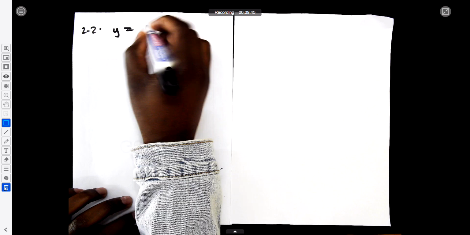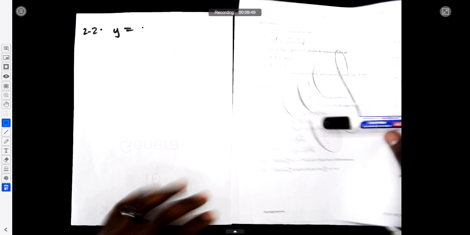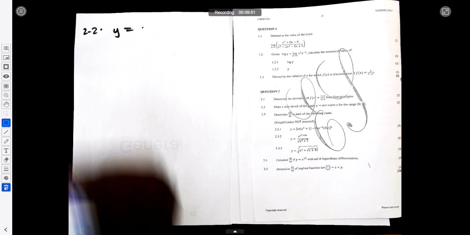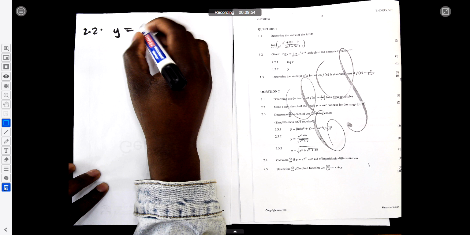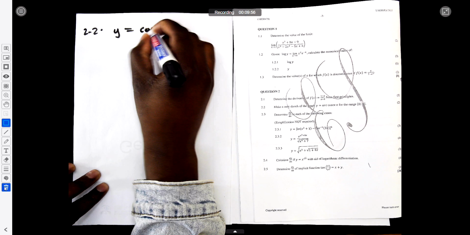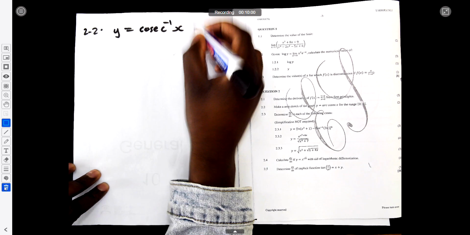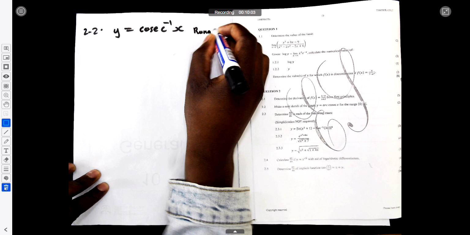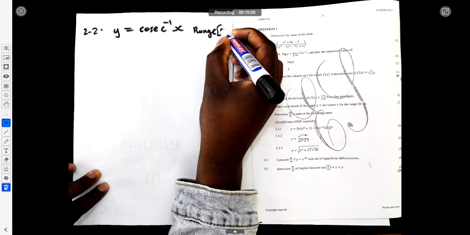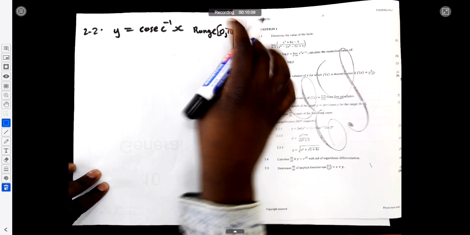Y is equal to arc cosec x. So for 2.2, we need to make a neat sketch of the graph of arc cosec x for the range 0 to pi. Sorry if it's not that clear.